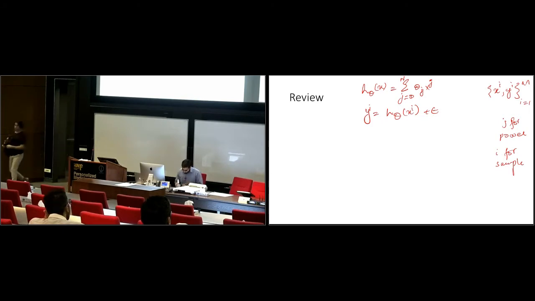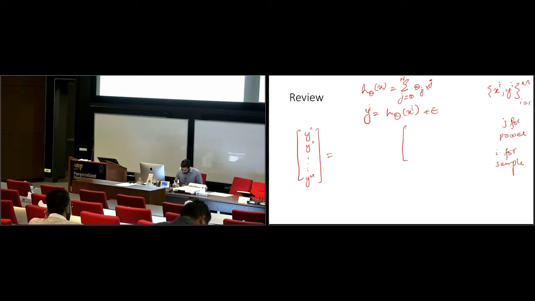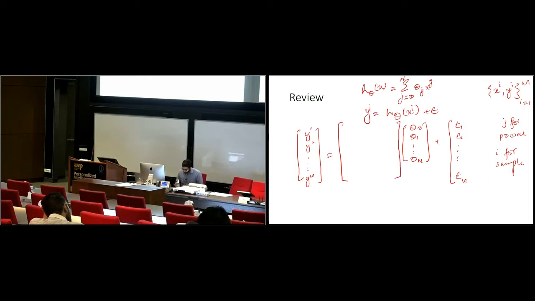So this would become y1, y2 up till ym is equal to, the unknowns are theta 0, theta 1 up till theta n plus some noise, some error, e1, e2 up till em. Okay, so we have a matrix missing here. Can someone tell me what this matrix is? Sorry?